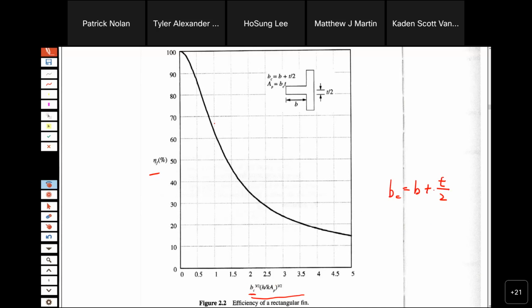If we use a corrected length, then B is actual. So adding half of the thickness usually takes care of the negligence of the adiabatic tip. But B is almost the same, since this is so small. So it's the same, okay?